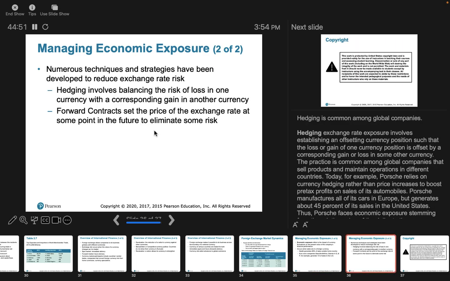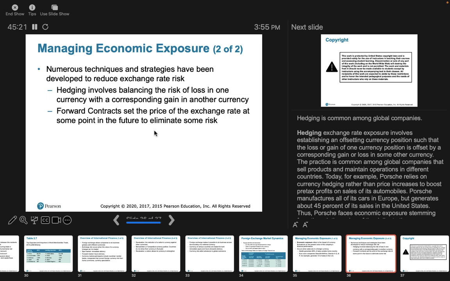Now we're going to look at how to manage economic exposure. You can manage economic exposure by hedging, okay, and by forward contracts. Hedging exchange rate exposure involves establishing an offsetting currency position such that the loss or gain of one currency position is offset by a corresponding gain or loss in some other currency.